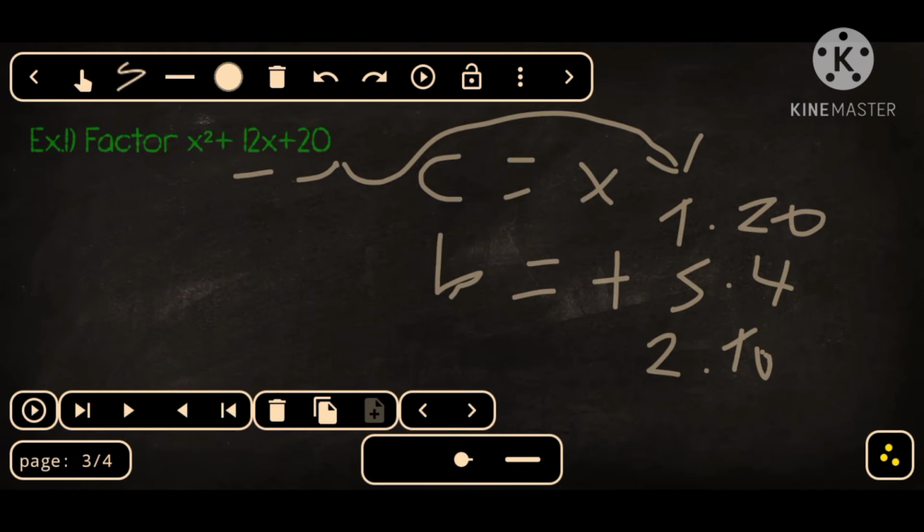So the factors of 20 which have the sum of 12 are 2 and 10. By the way, it is a quadratic, so therefore we have 2 factors.